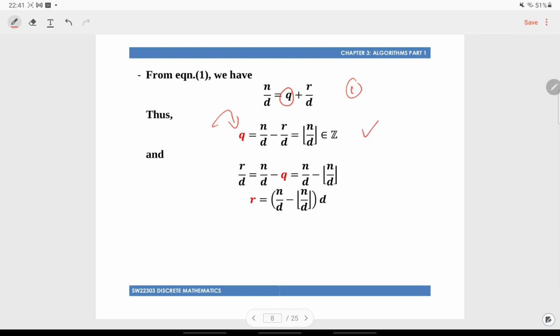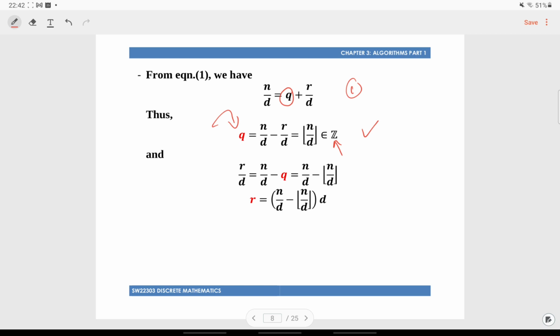This expression, n over d minus r over d, is actually the floor of n over d, and it is an integer value.